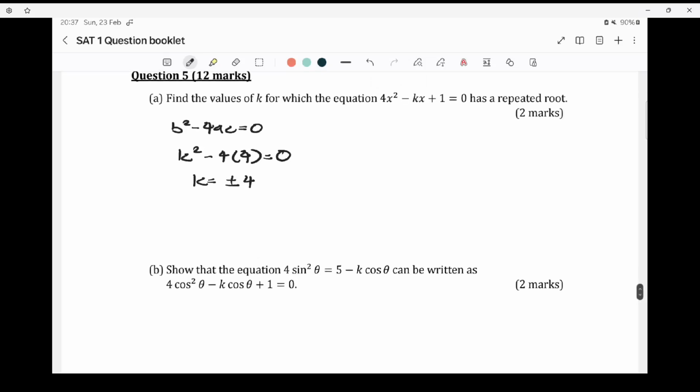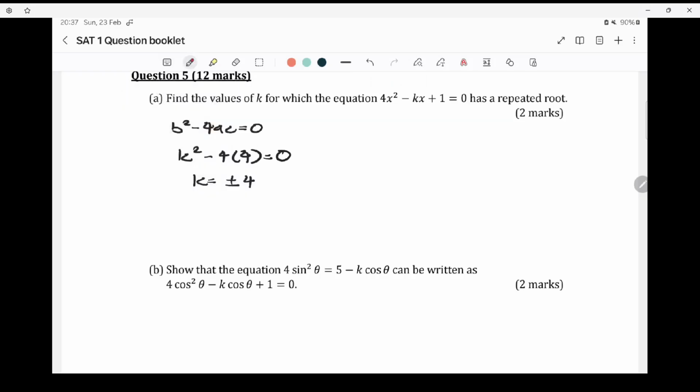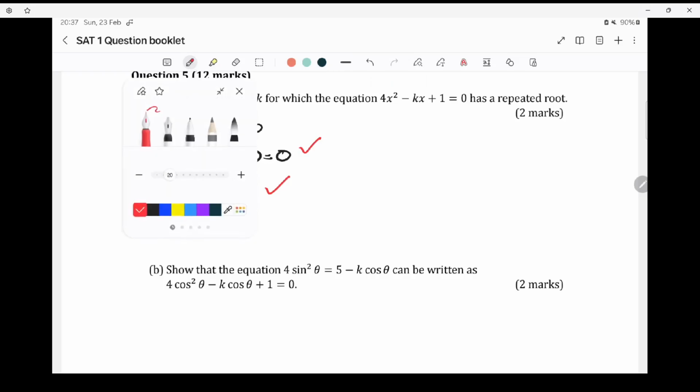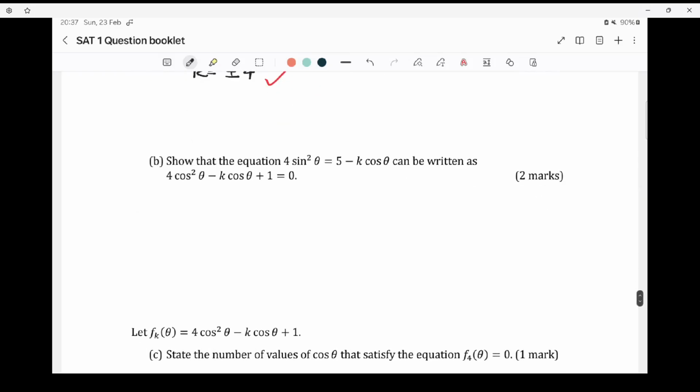Now show that the equation can be written as this. So you make use of b squared minus 4ac and you find the value. You have 4 sine squared theta equals 5 minus k cos theta. So you use sine squared plus cos squared equals 1.